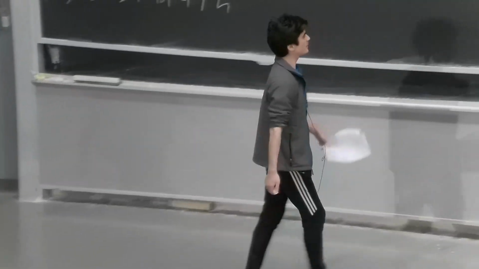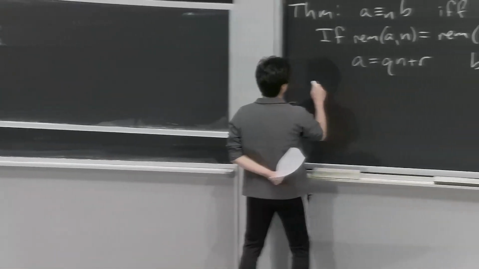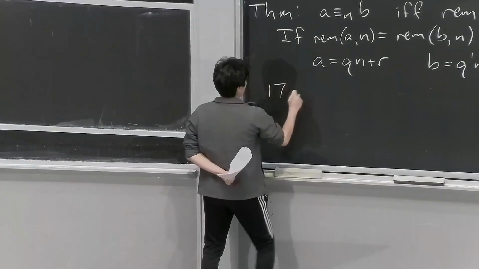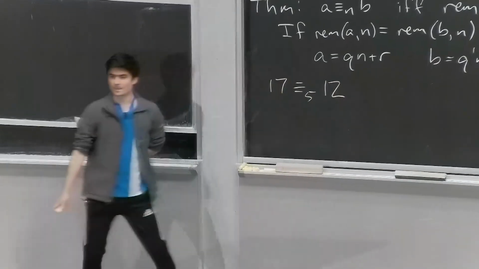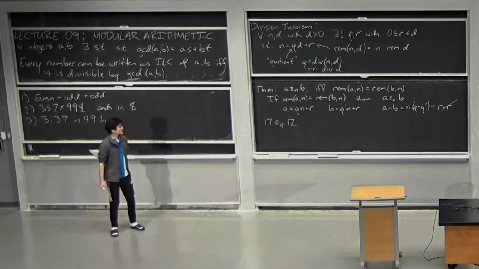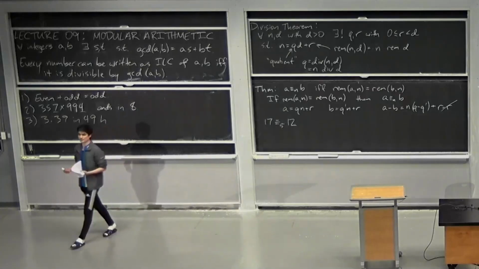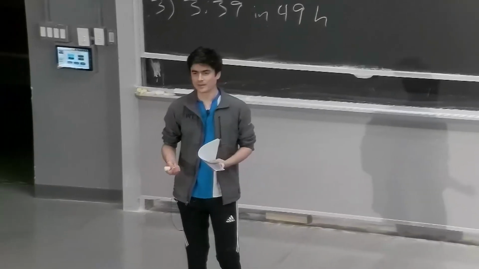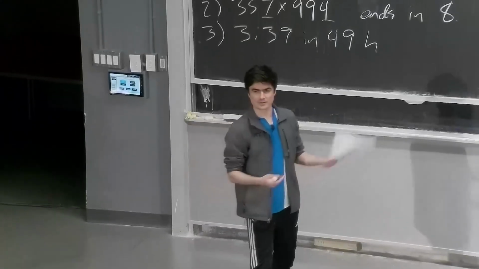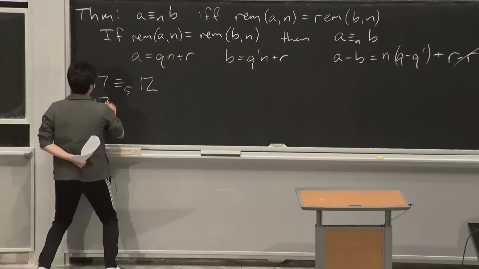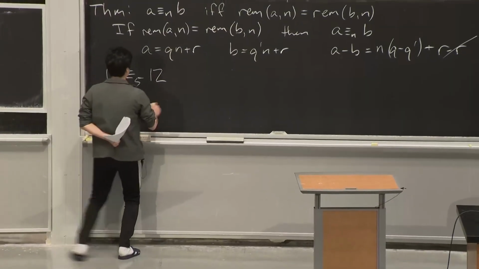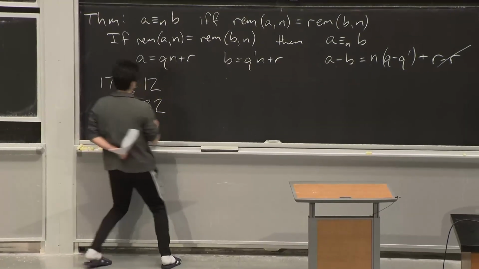So some examples of A, N, and B? Okay. So for example, 17 is congruent mod 5 to 12. Okay? Because 5 divides the difference, right? If you subtract them, you get 5. 5 is a multiple of 5, so they're congruent. Okay? 17 is also congruent to, say, 32.